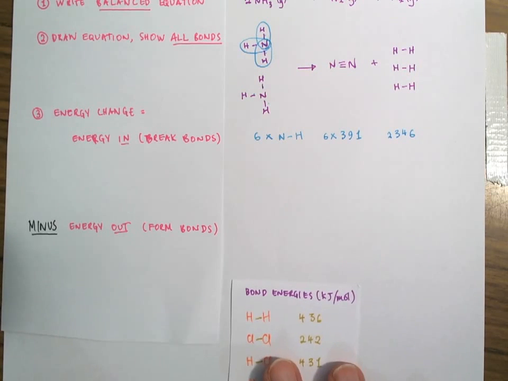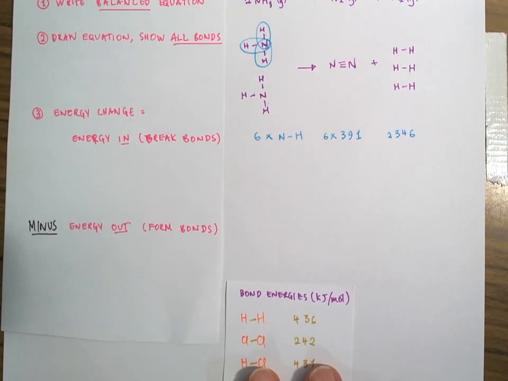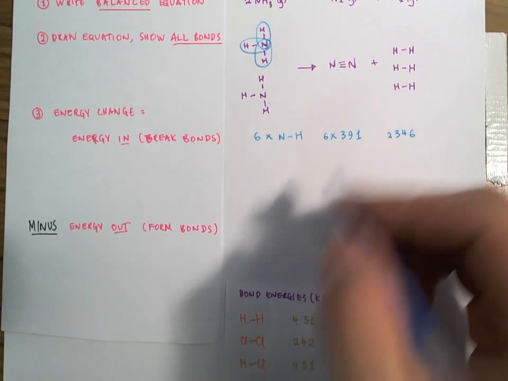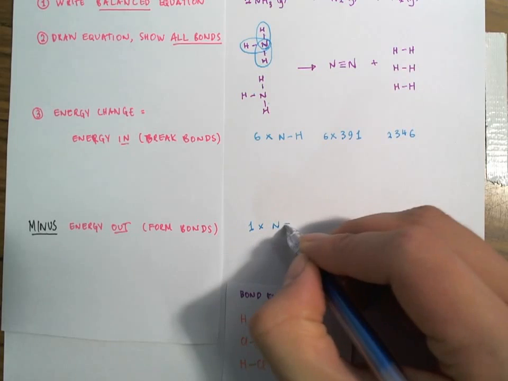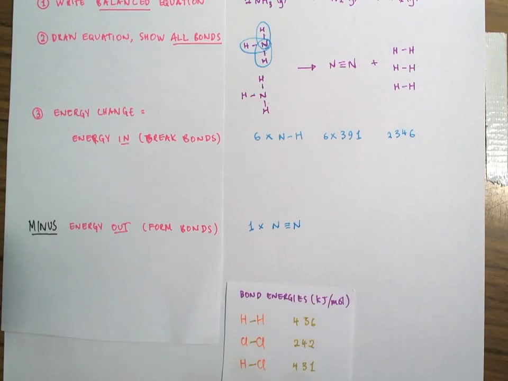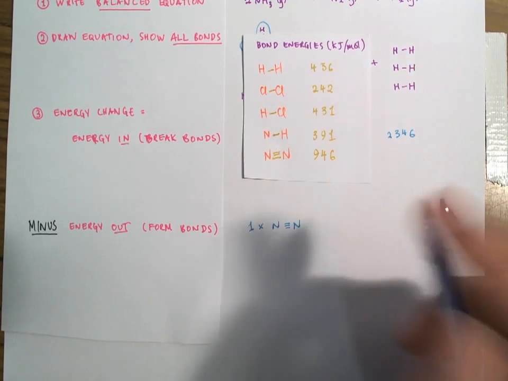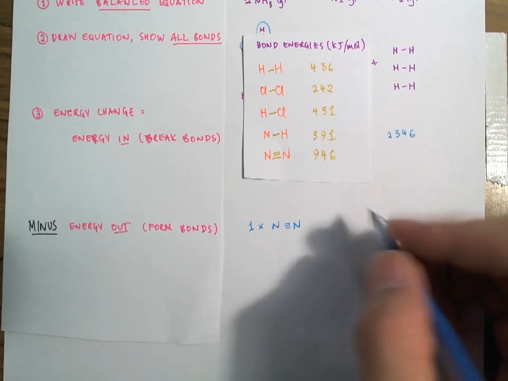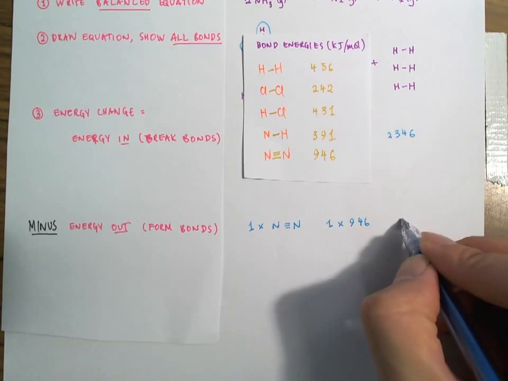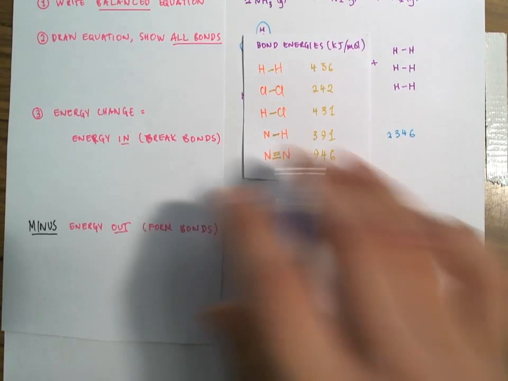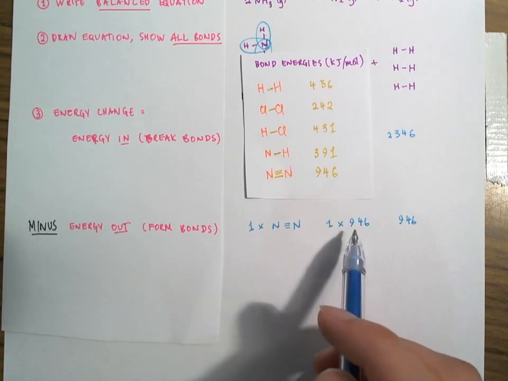And now let's take a look at how much energy I need to form the bonds in the products. I have a nitrogen-nitrogen triple bond, and that value is 946. It's quite high because it's a triple bond. Now, a common error here is to multiply this by 3.